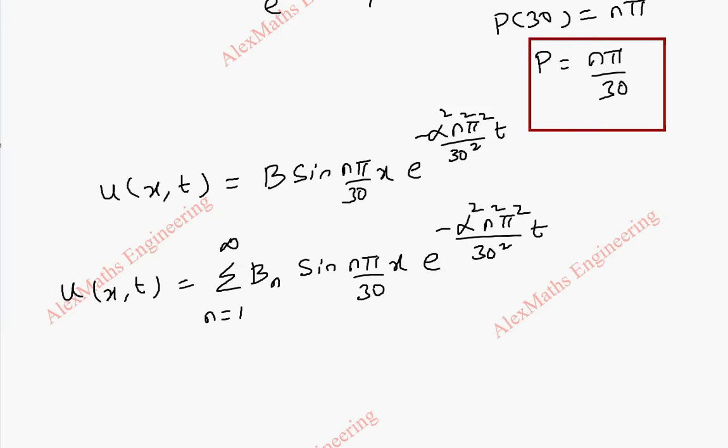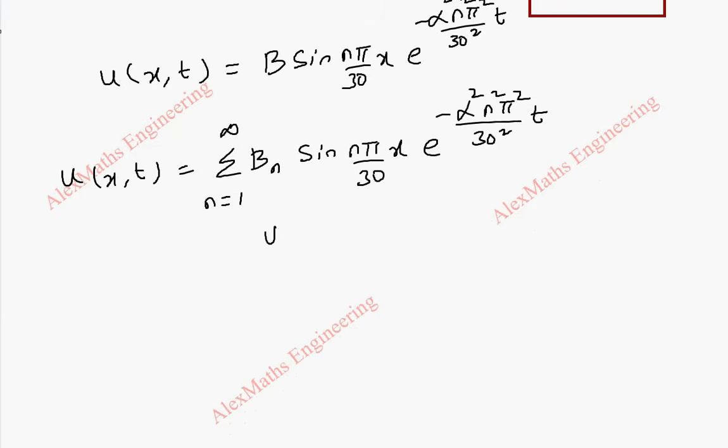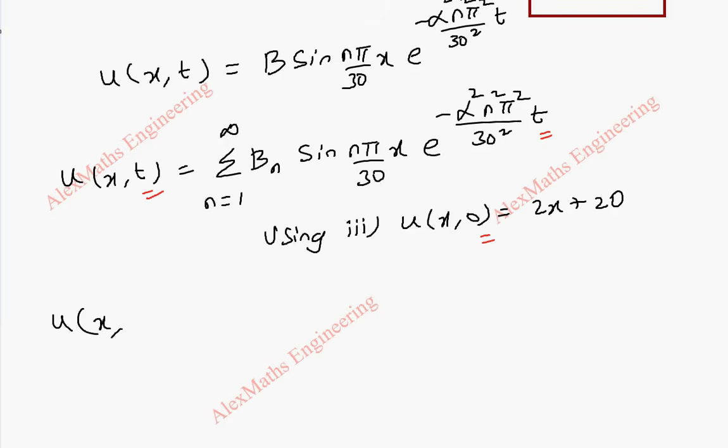Now we are going to use the third condition. Using the third condition, which is u of x comma 0 is 2x plus 20, wherever t is there, we have to put 0, and this becomes u of x comma 0 becomes summation n is from 1 to infinity bn sin n pi x by 30, and e power 0 is 1.